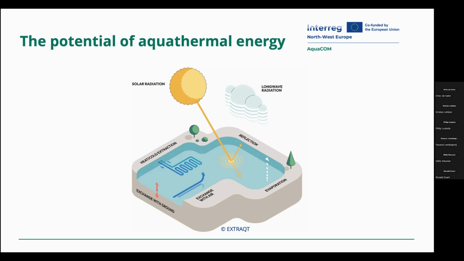That's what we simulate, to see the influence, and try to avoid that the temperatures change too much, according to what is allowed by regulations, but of course also by the ecosystem. As said, we would like to maintain the ecosystem's quality, but at the same time have a useful case of an aquathermal system. So it's always an optimization point here.